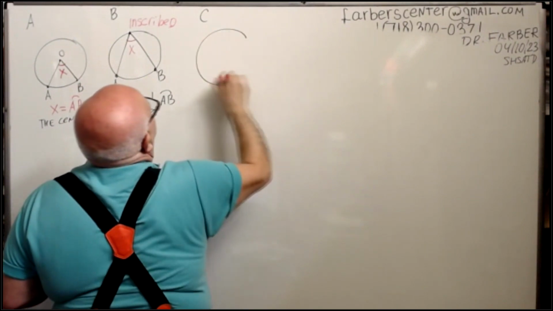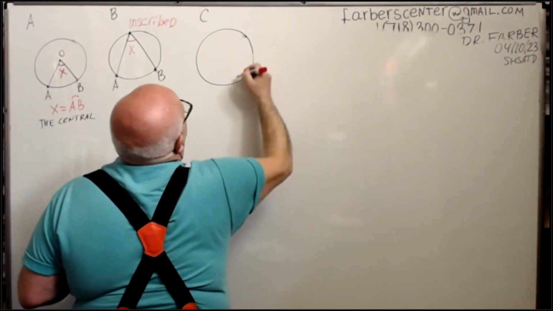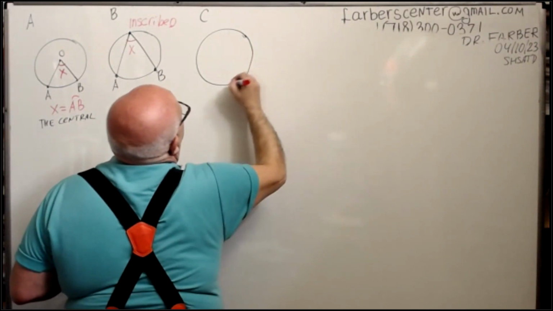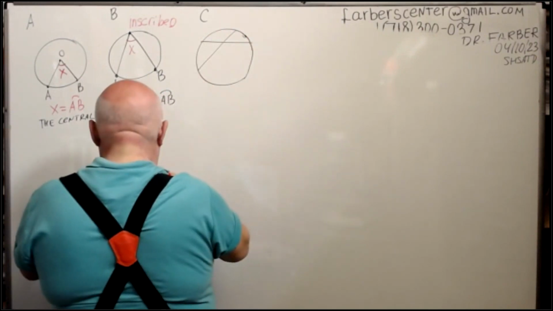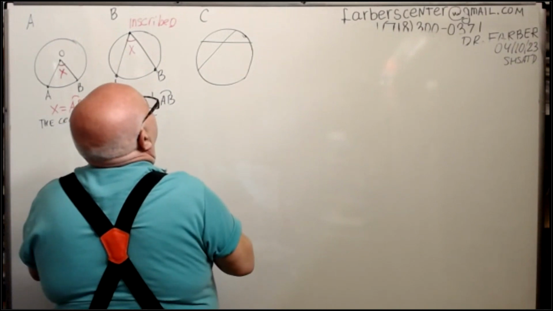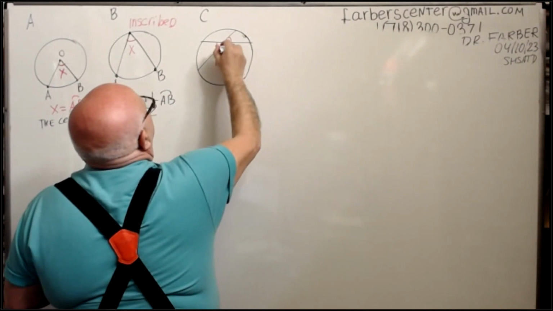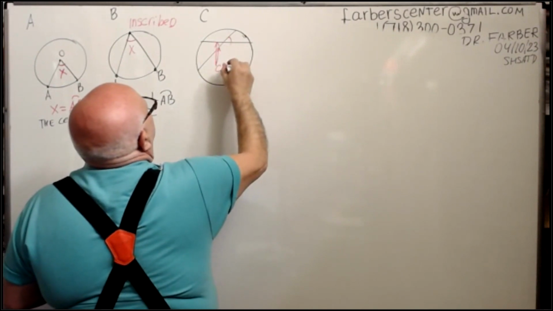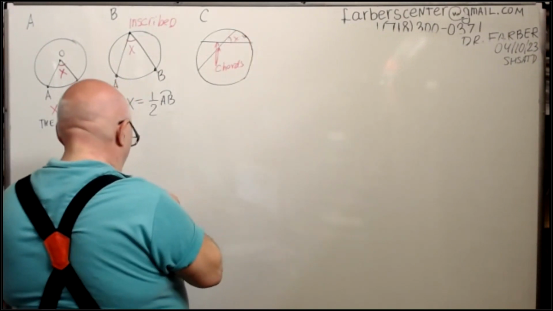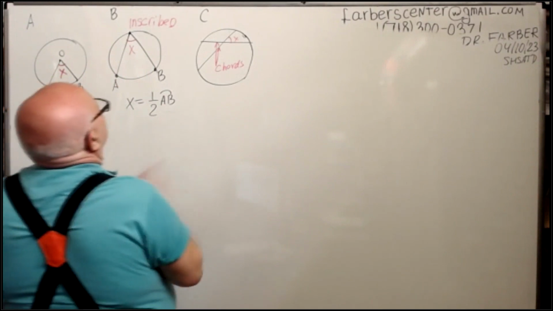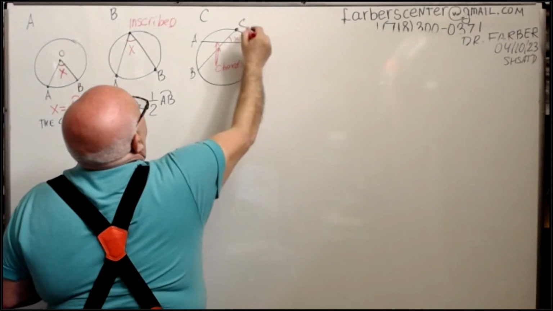I have a circle. Again, not the best circle, but imagine that this is a circle. And you have two chords. And this angle between two chords, this angle X. And there are arcs AB and CD.